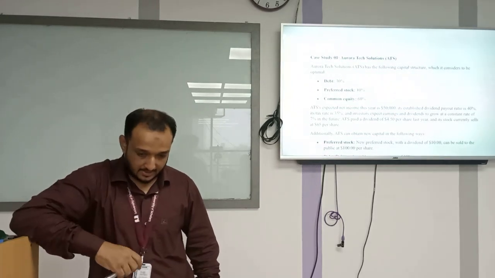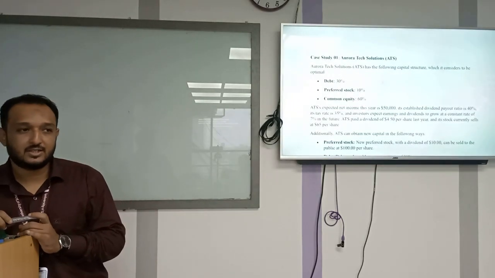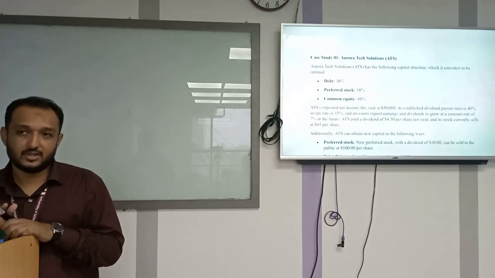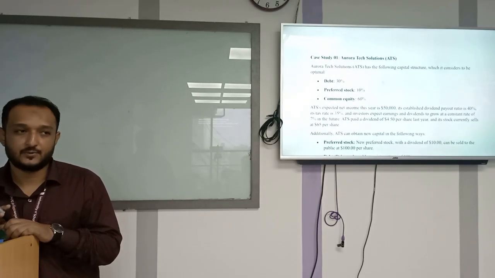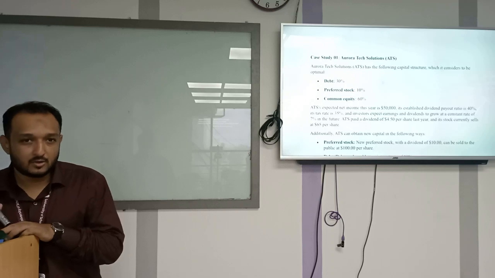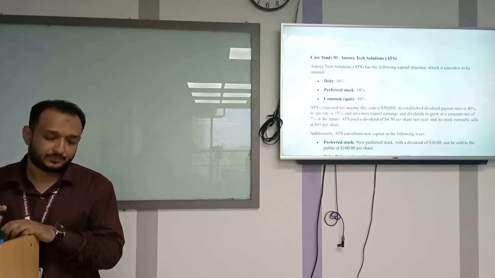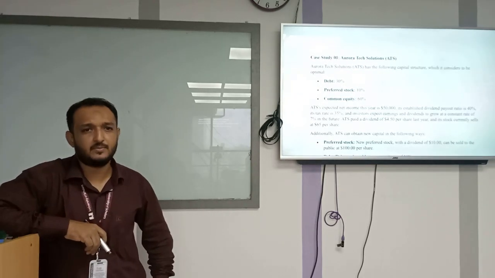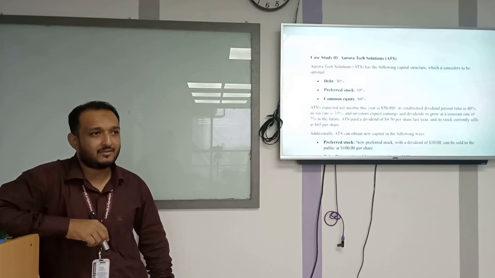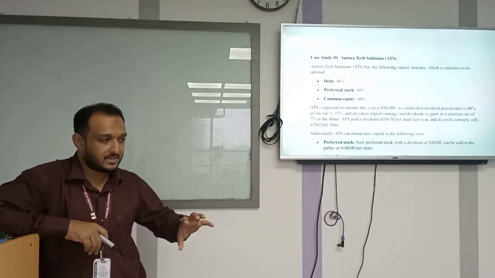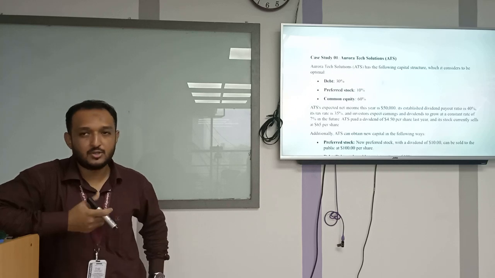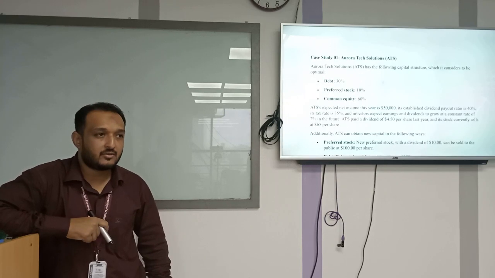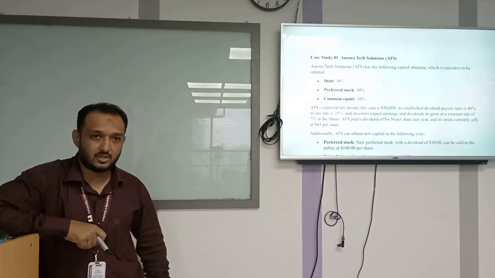So, first of all, we have studied the WACC, weighted average cost of capital. What is it? It is the minimum or the required rate of return that you need from the various array of financing. Financing is a source. The minimum or the required rate of return needed from a source is called the cost of capital.